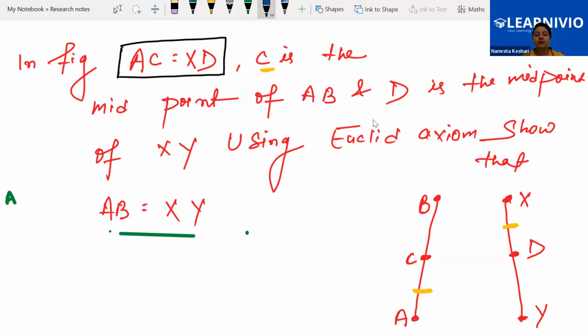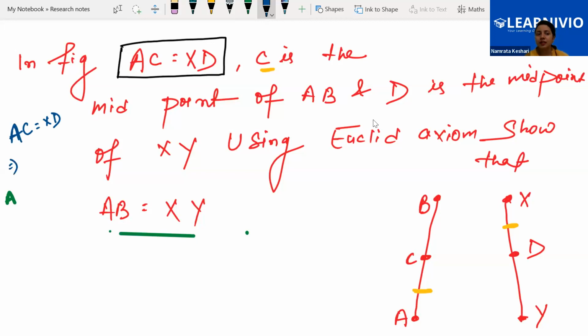Yes. From AC is equal to XD, and we know C and D are midpoints.